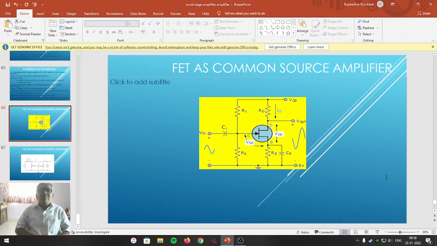Student friends, we studied the FET, that is a field effect transistor, in BSc part one, where we studied that FET means field effect transistor. It is a kind of transistor in which output current is controlled by means of an input field.